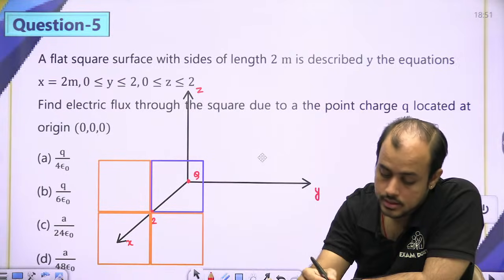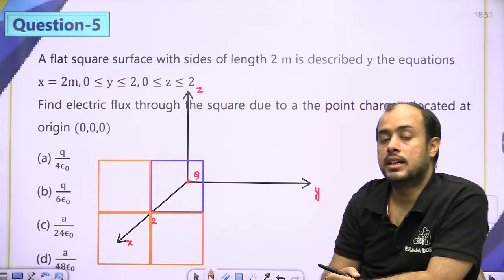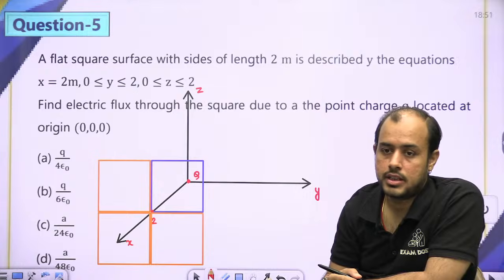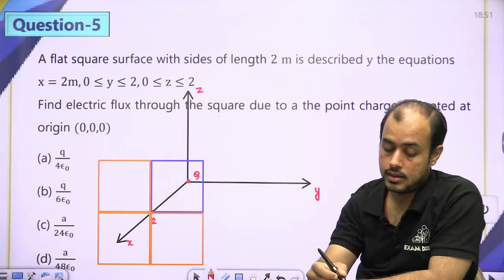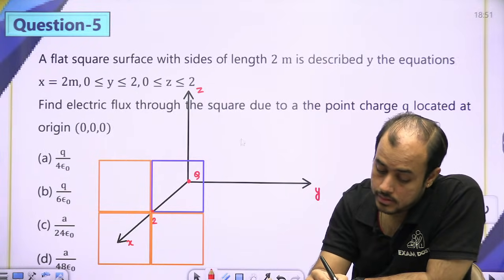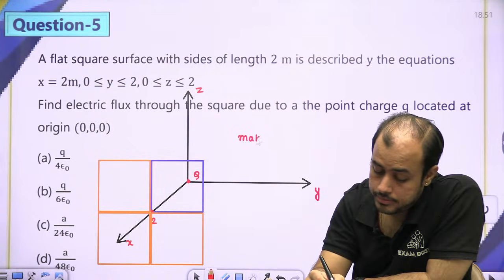Okay. Now, beta, you make a cube. You make a cube.